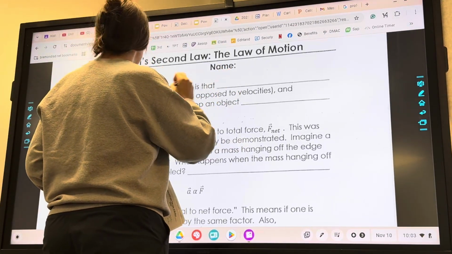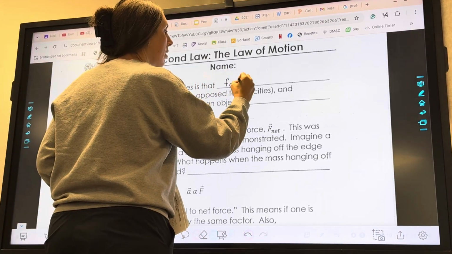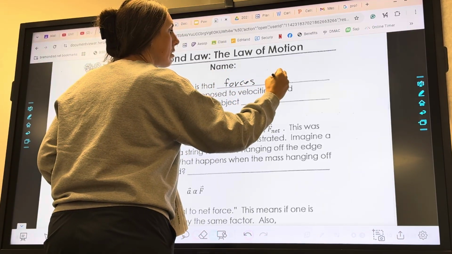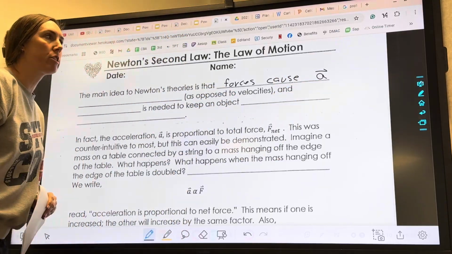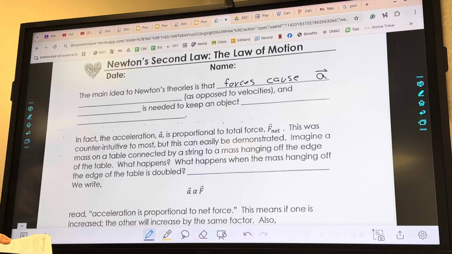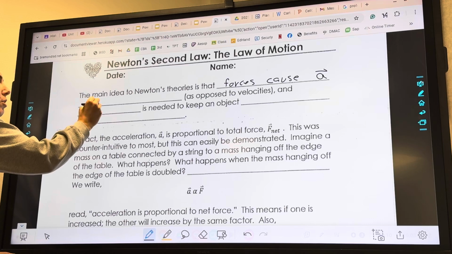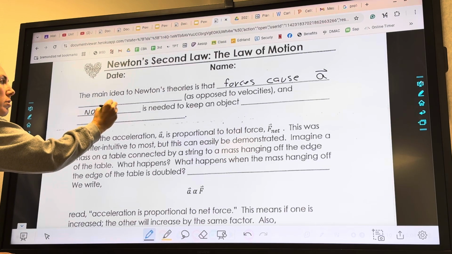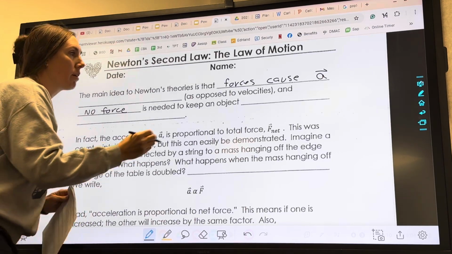Forces cause, I'm just going to do A hat, accelerations, okay, as opposed to velocities. And no force is needed to keep an object moving at a constant velocity.